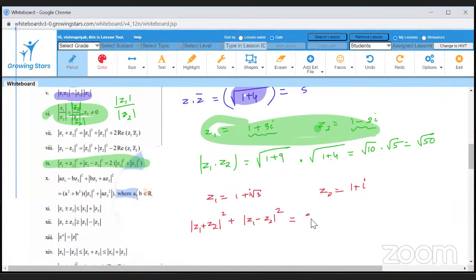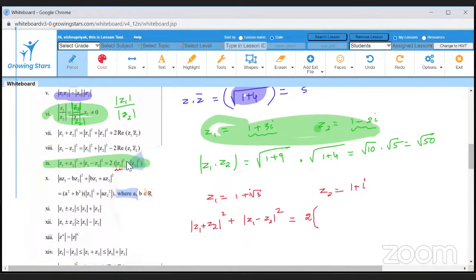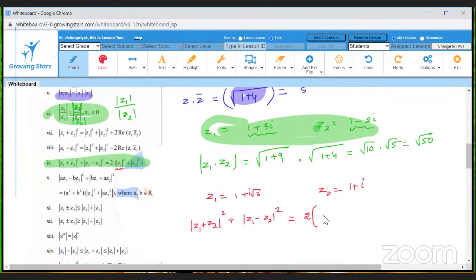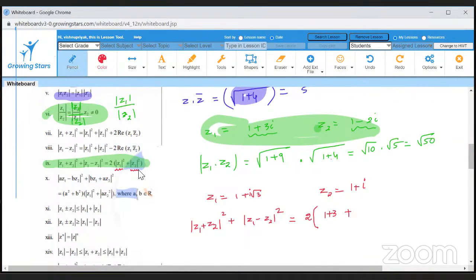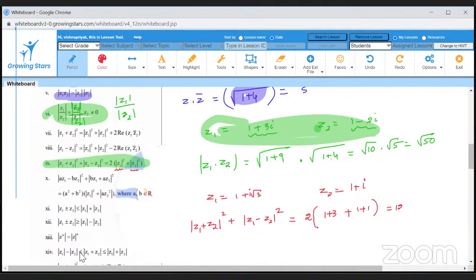What you have to do? 2 times mod of Z1 square, that means no root: 1 plus 3. Similarly, take mod of Z2 square without root: 1 plus 1. So 4, 5, 6. 6 into 2, 12 will be the answer.